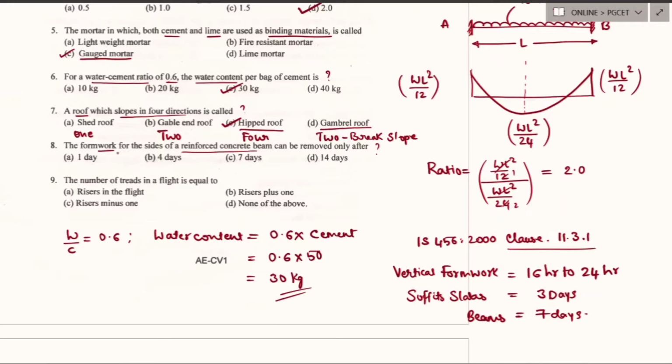So here they are asking for formwork for the sides of reinforced concrete beam. So these are the vertical formworks. So it will be around 1 day. So option A is the right answer.